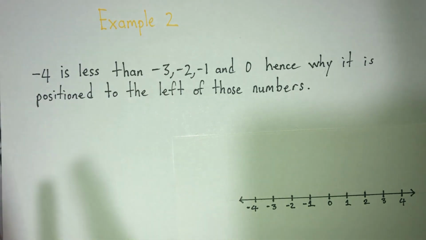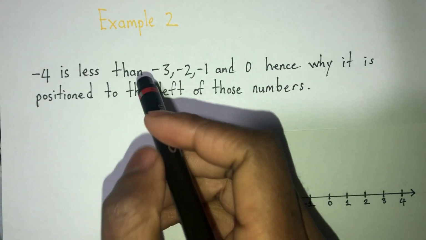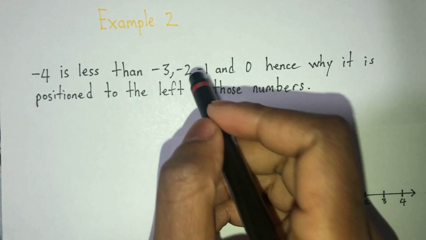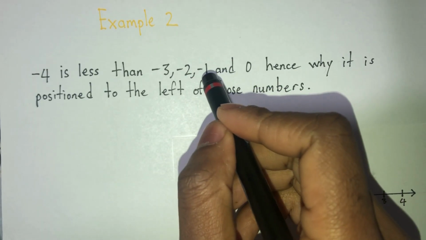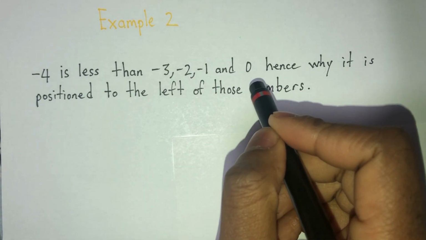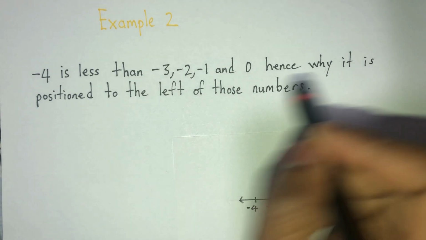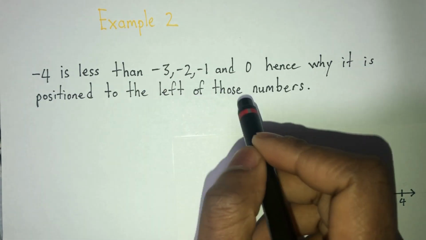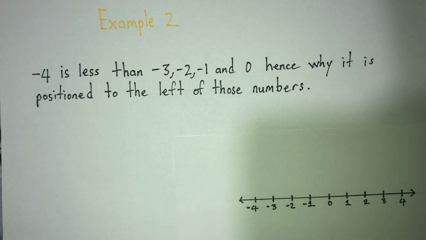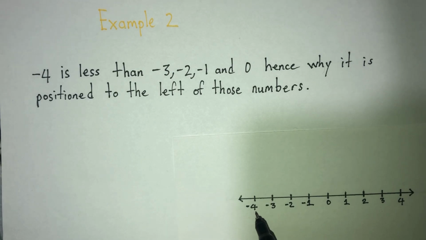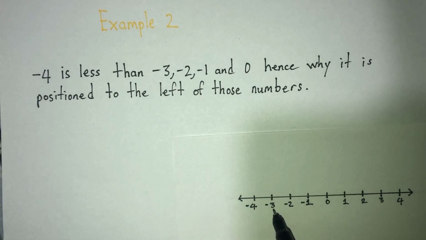Negative 4 is less than negative 3, negative 2, negative 1, and 0. Hence why it is positioned to the left of those numbers. So as we can see here on our number line, negative 4 is less than negative 3, negative 2, negative 1, and 0.